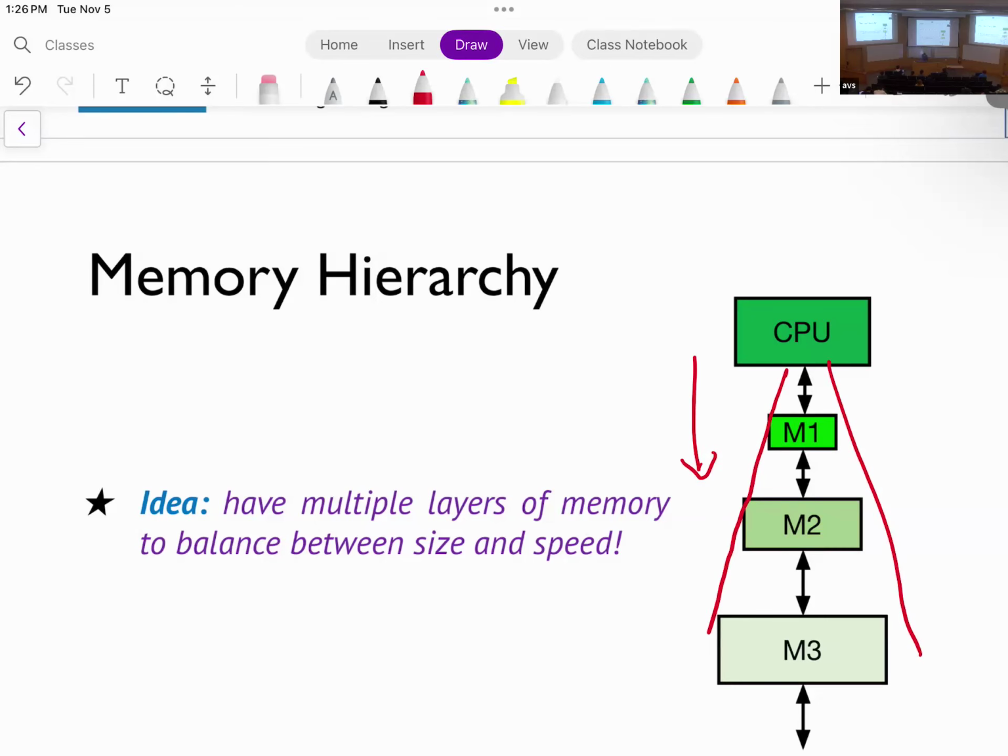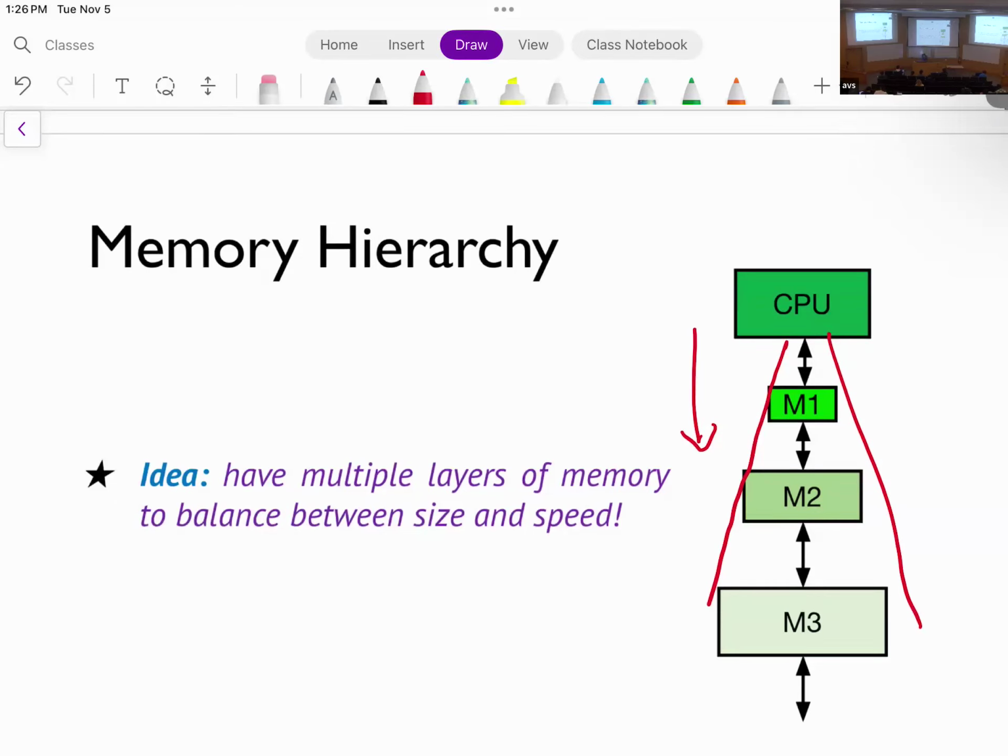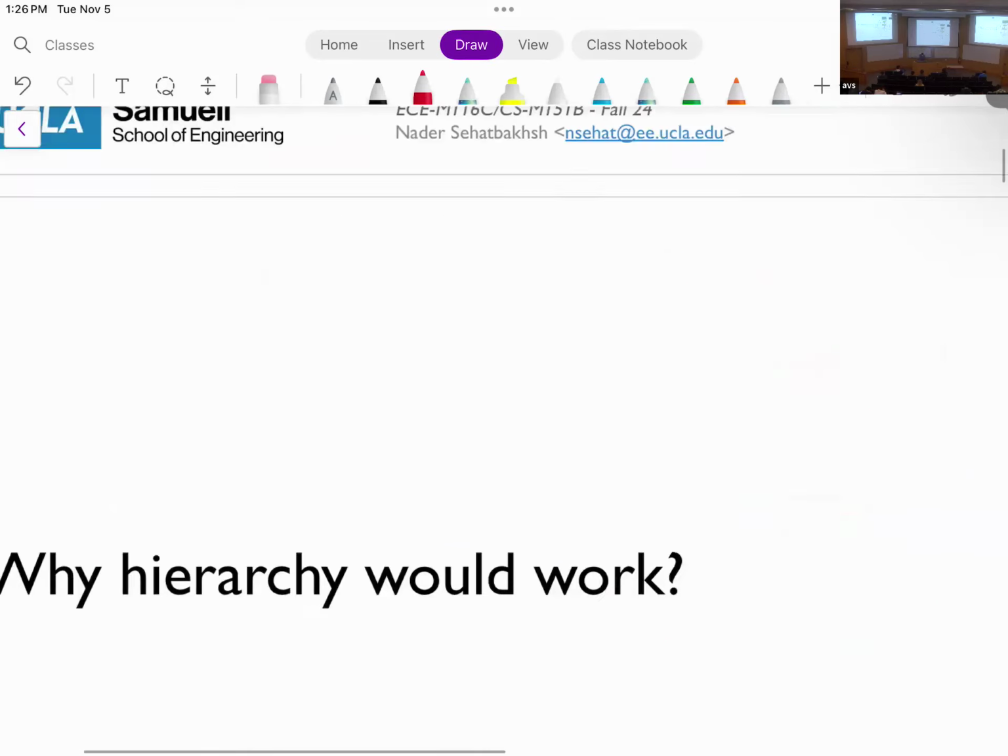So hopefully, if we always access from here, we're going to have the illusion that we have a memory as big as the sum of these, but with only the latency of this one here, which is one or a few cycles.